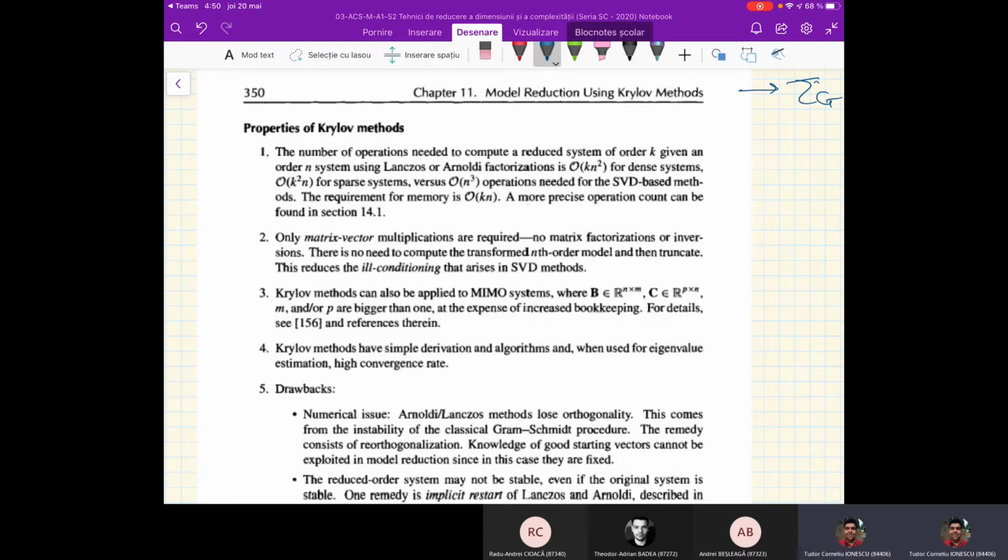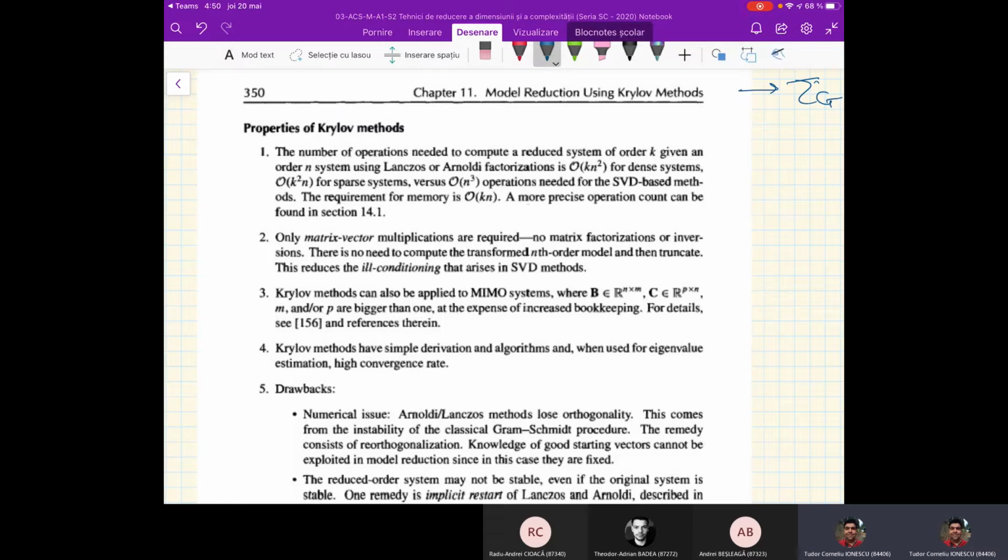That makes sense because in balanced truncation you need matrix inversions, you need solving Lyapunov equations, and you need matrix multiplications, whereas here you only need matrix vector multiplications because you just construct those matrices and you do much simpler operations. They say here only matrix vector multiplications are required, so no matrix factorizations or inversions are required at this point.